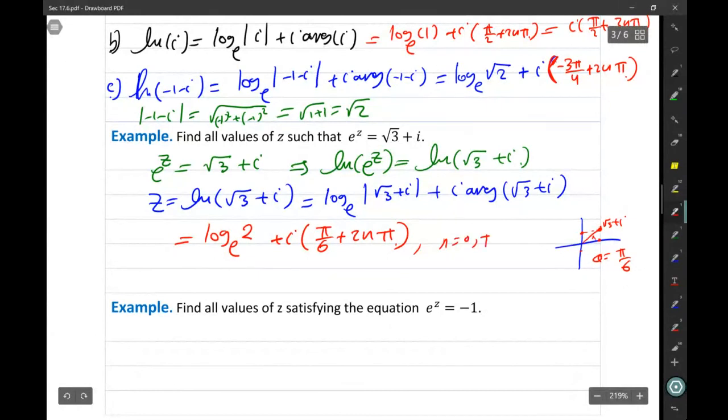Values of n are 0, plus or minus 1, and so on.